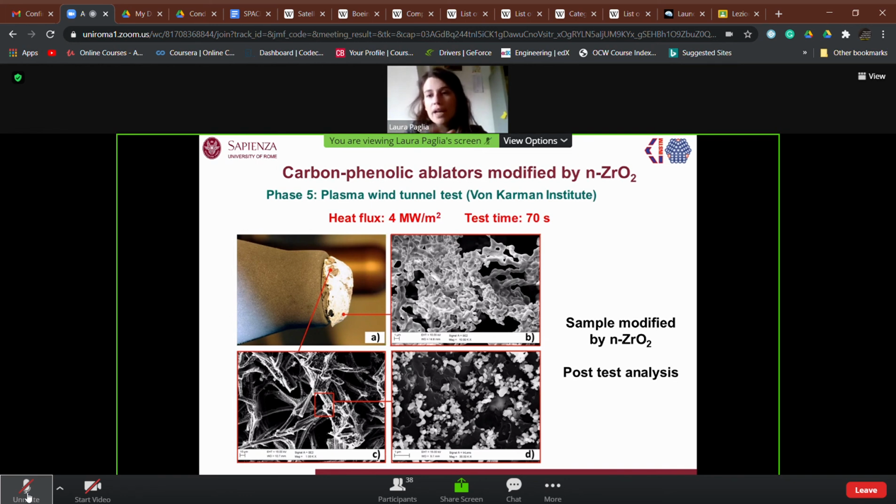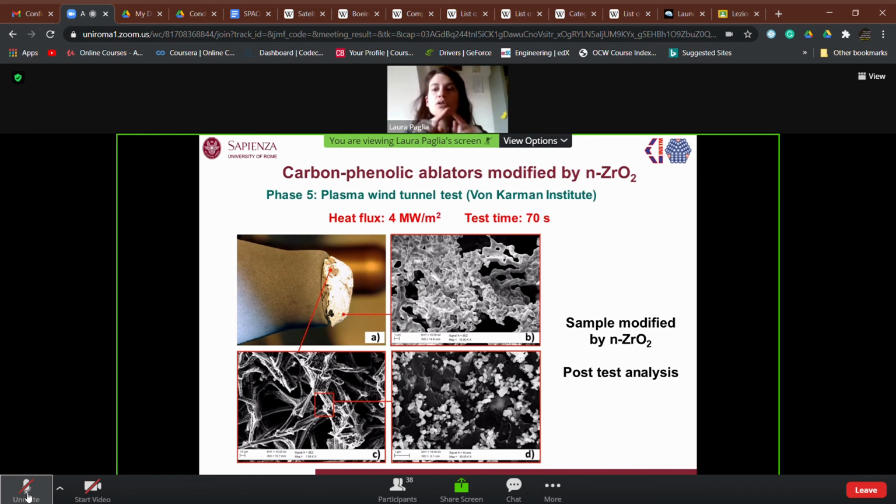There is a coalescence due to the fact that part of the phenolic resin decomposes, and so nanozirconia particles go to a temperature high enough to allow the phenomenon of coalescence.